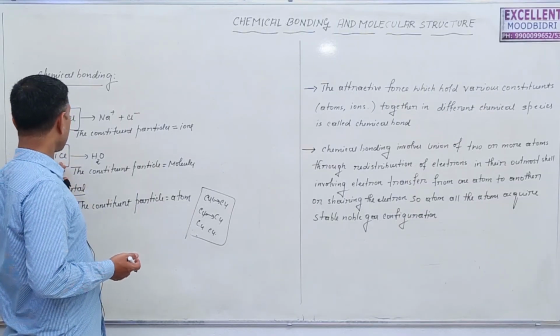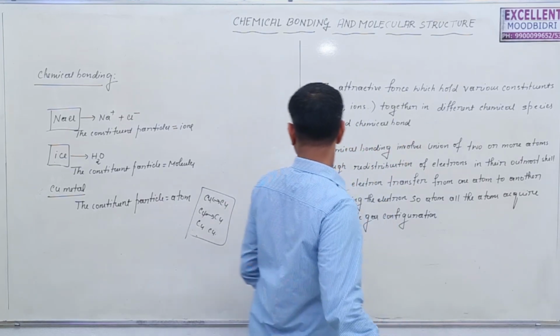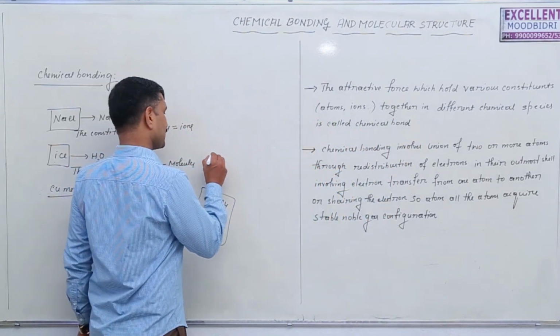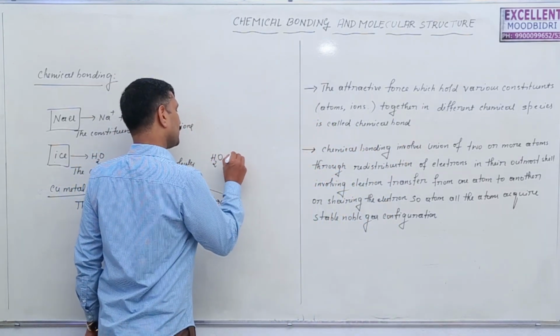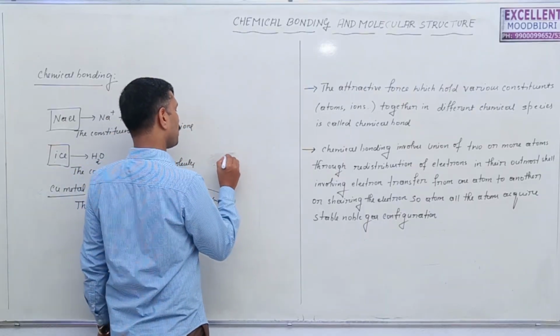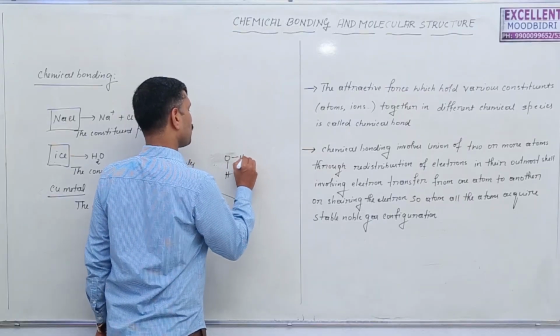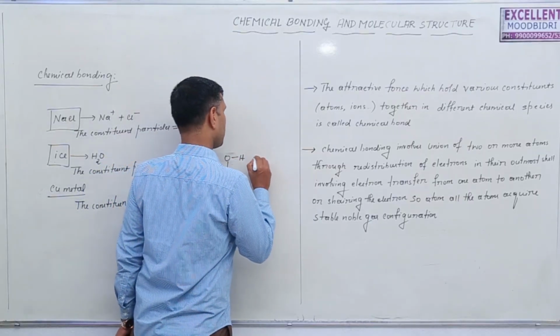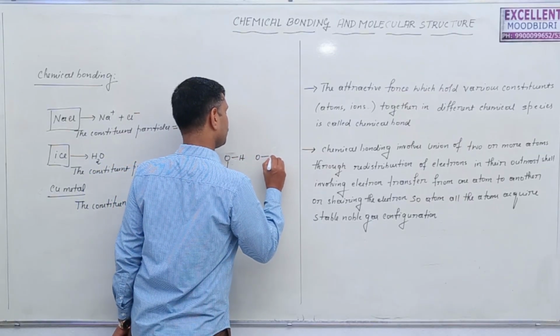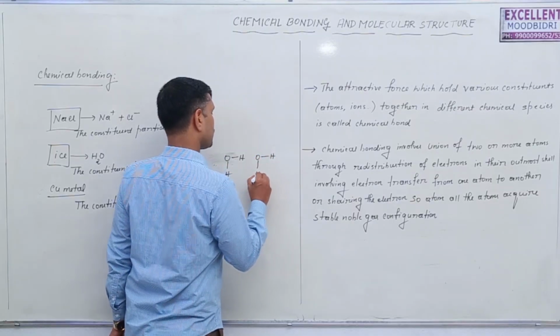If you go for the ice, the constituent particle is H2O, water. The water molecules are held together by hydrogen bonding. Here this is one water molecule. Take another water molecule, this is a second molecule of water.